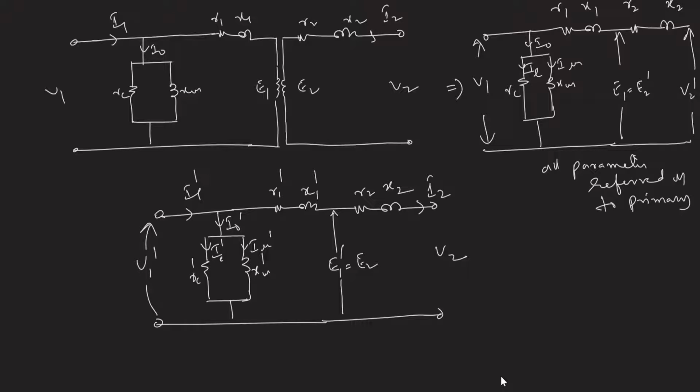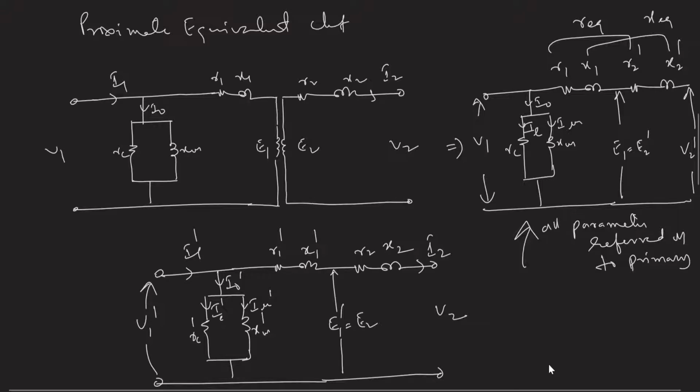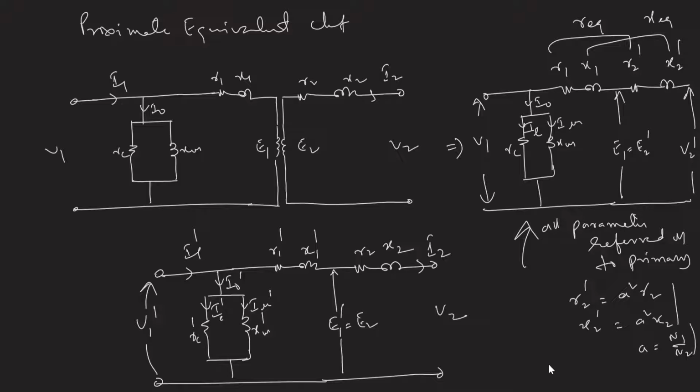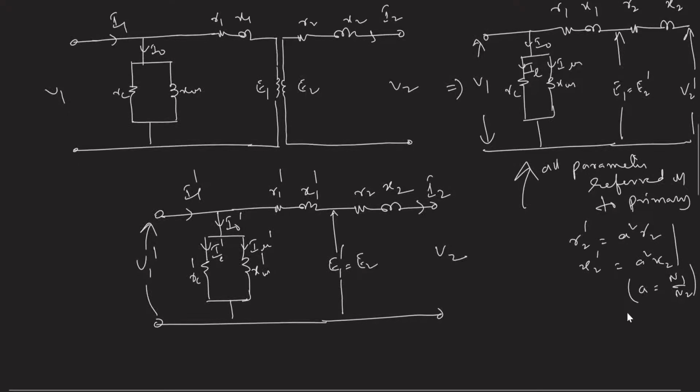So here in this case we know that R2 dash is equal to a square R2, and X2 dash is equal to a square X2, where a is N1 by N2, right? And E2 dash is equal to a into E2, and I2 dash is I2 by a.